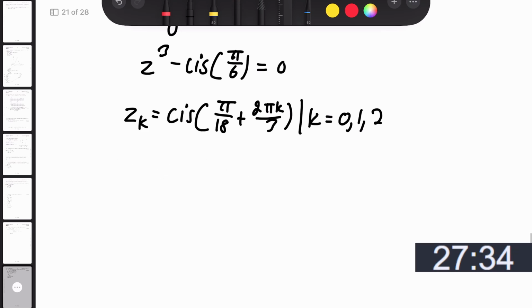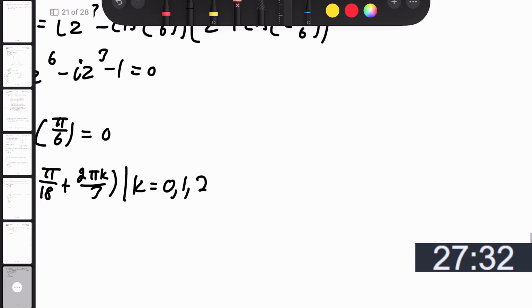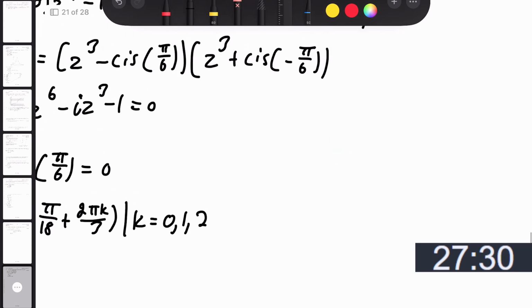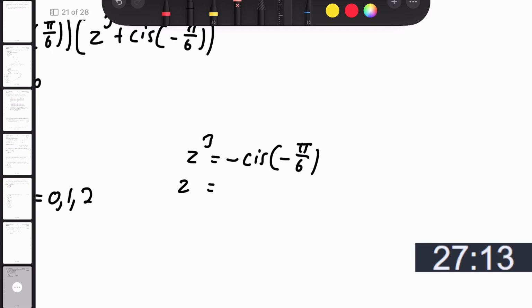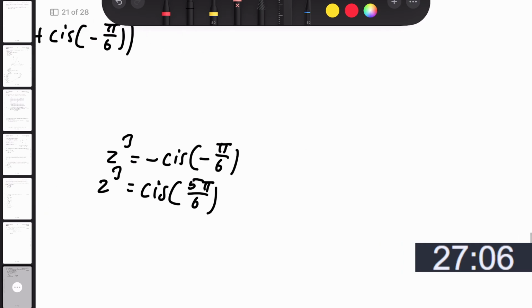Actually wait, hold on. What if I do this as well? So then Z3 must equal negative cis of negative pi on 6. Negative, so I need to add pi. So Z3 equal to cis of 5 pi on 6.